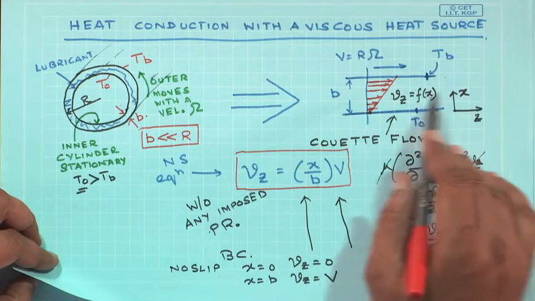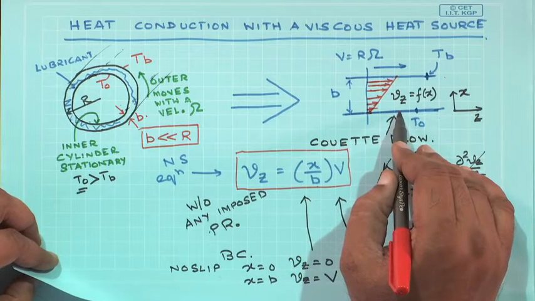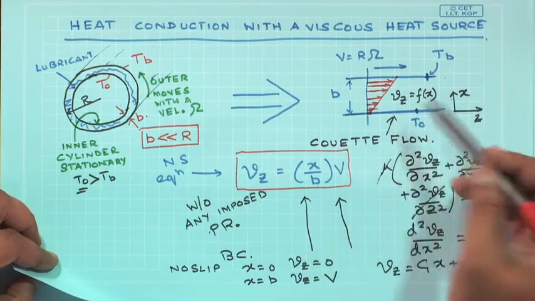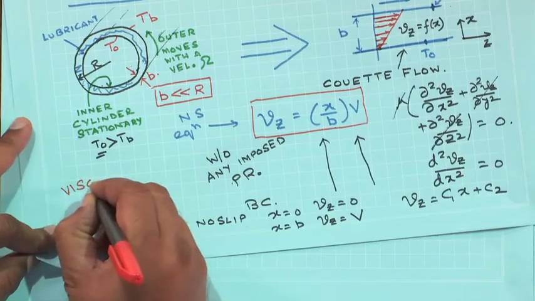You can also see that the motion is going to be in this direction, and the energy is going to be transported in a different direction. And this is a case where viscous dissipation is significant.